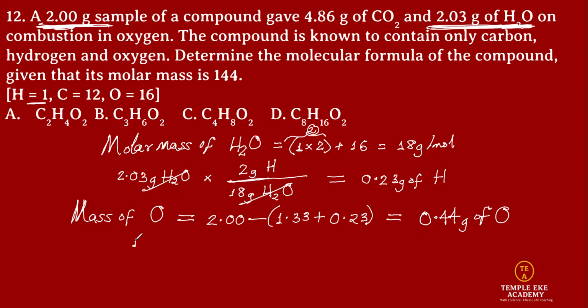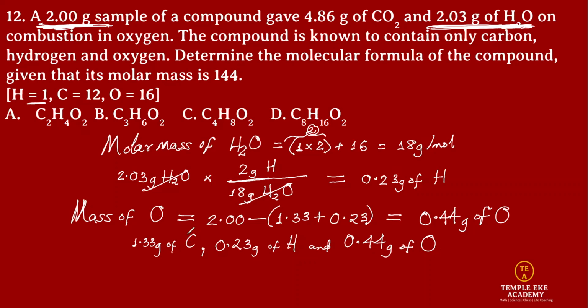1.33 gram of carbon, 0.23 gram of hydrogen, and of course 0.44 gram of oxygen. Now, there is no point calculating the percentages of these individual elements because the process is the same for that calculation.